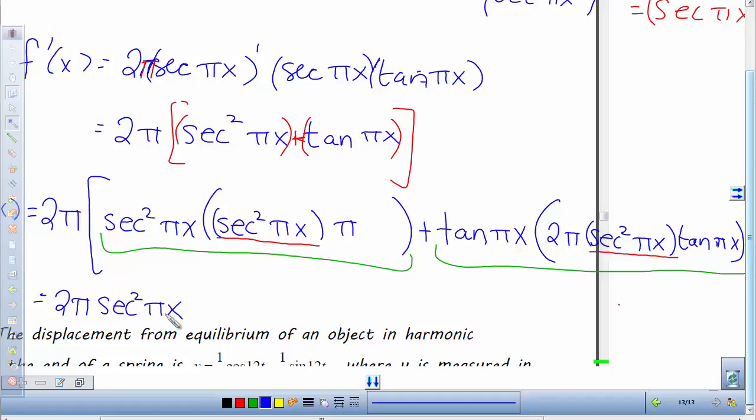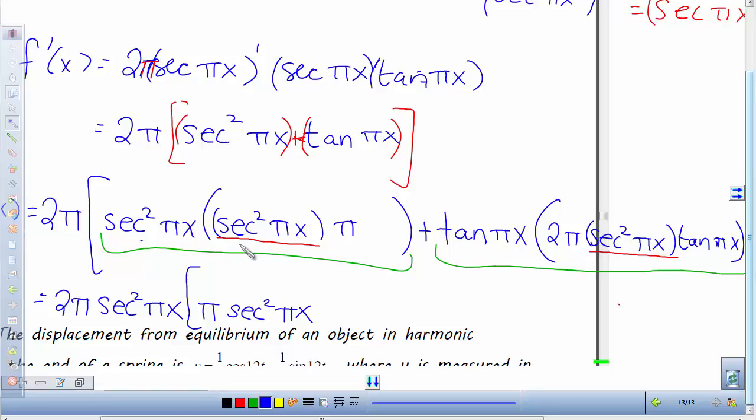I think that's all that I see in common. And then I'm left in this first term with pi secant squared pi x. There's my pi, and here's the other secant squared. Here's the pi, the other secant squared pi x. It doesn't matter which one we factor out, I just happen to underline this one.